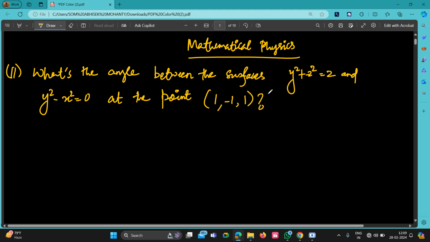What is the angle between the surfaces y square plus z square is equal to 2 and y square minus x square is equal to 0 at the point 1, minus 1, 1? Option A 60 degree, option B 30 degree, option C 45 degree, option D 90 degree.